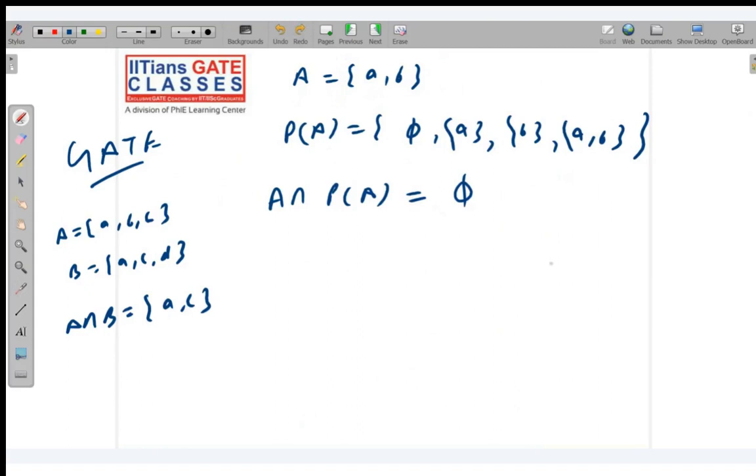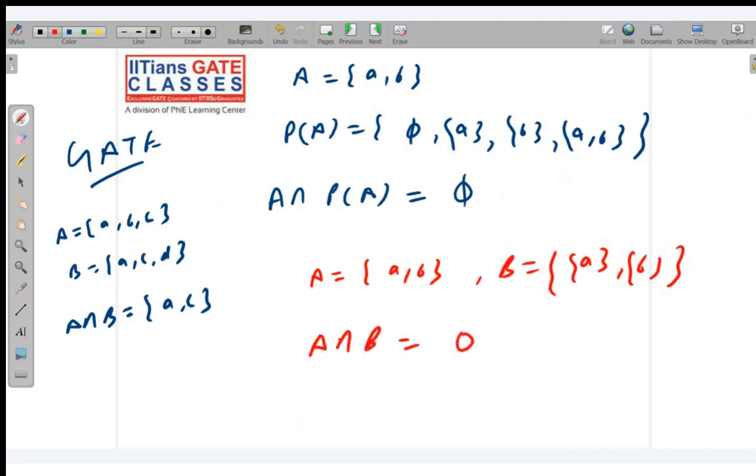I think there is no doubt now. Let me answer this question also, you will get more clarity. If A is {a, b} and B is {{a, b}} like this, then A intersection B will again be phi. Nothing is common here.